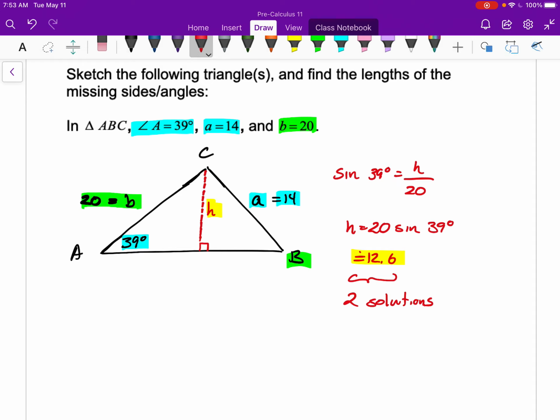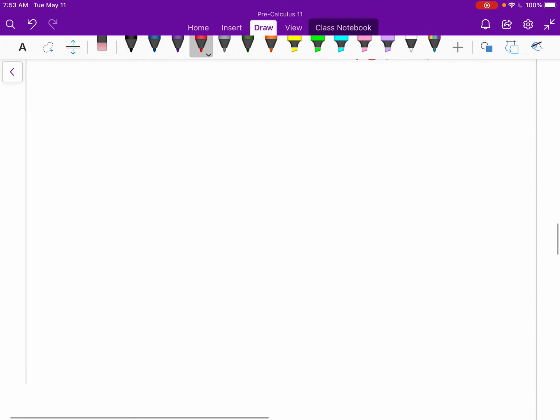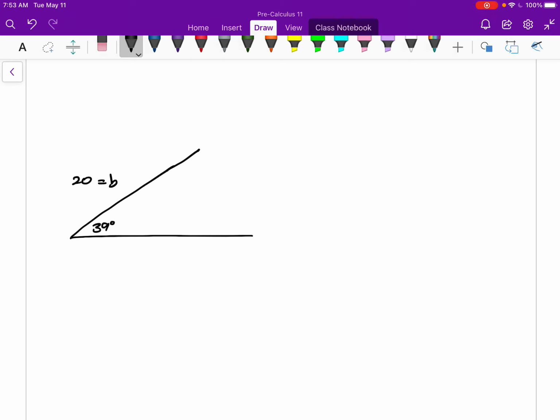Which means I'm going to put this on hold, and I'm going to draw the other solution down here somewhere. I'm going to draw the same setup, same angle A of about 39 degrees, same side B right here, that's 20. But this time, actually I just realized I got to adjust this. If I draw side A going this way, I'm just copying what I did before. I know the height is about 12.6.